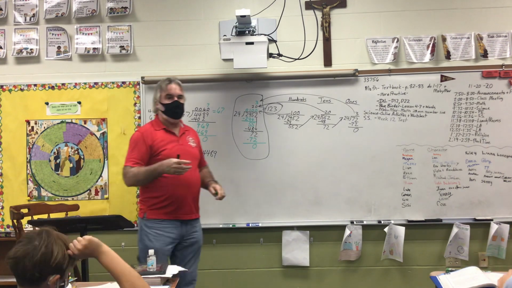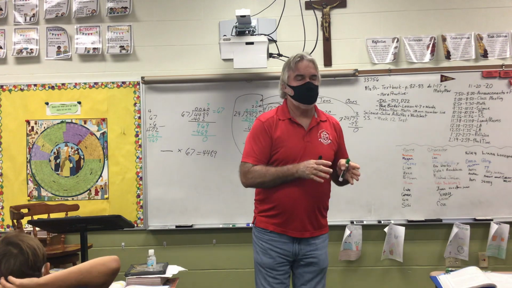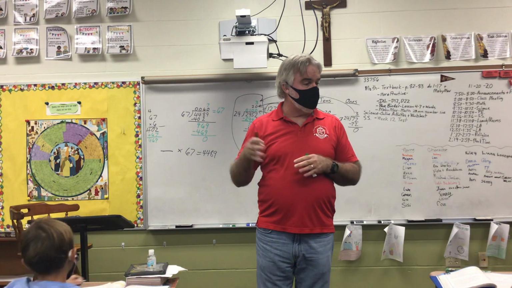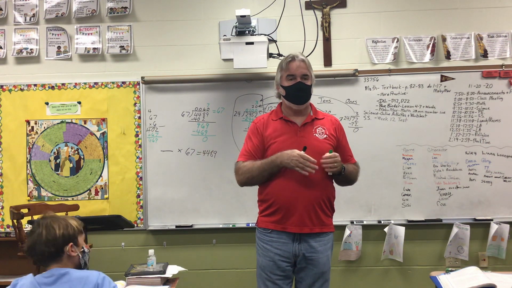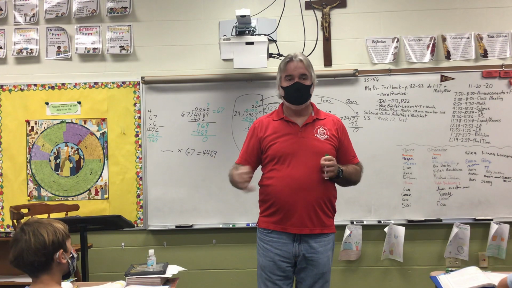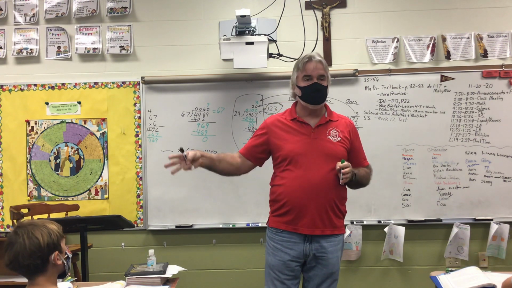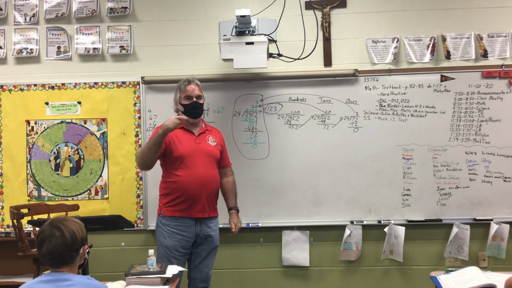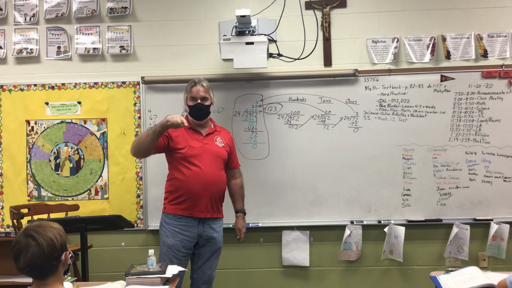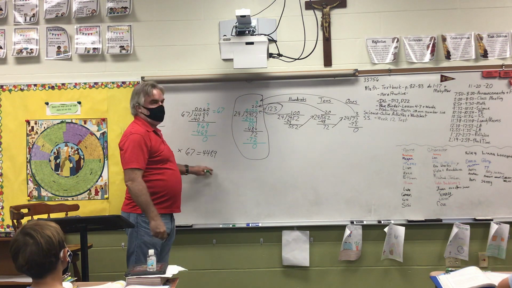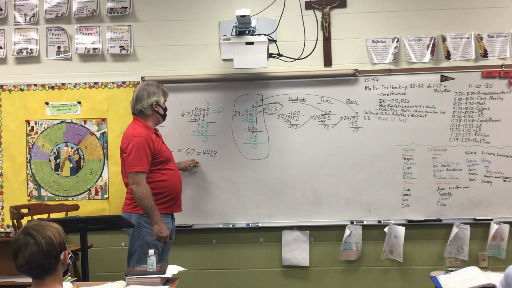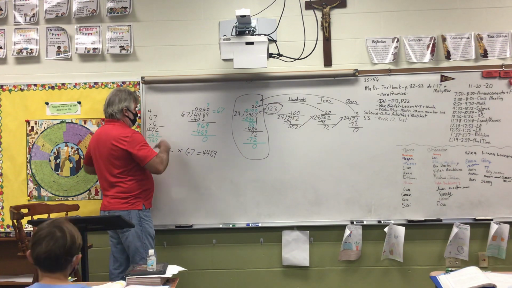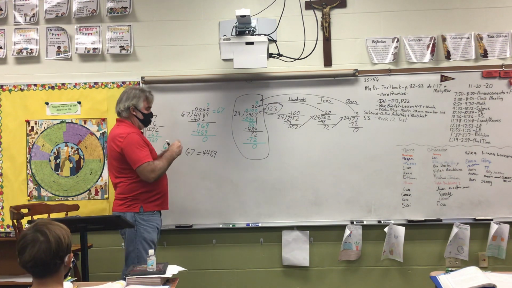Because if you have your fact family, you know that 2 times 3 equals 6. You know that 3 times 2 equals 6. 6 divided by 3 equals 2. And 6 divided by 2 equals 3. Okay? There's different ways to do it. But if you were to take out the 3 in all of those, then you got a blank. You can either divide or you can multiply. Here, this is the multiplication that would go with this. So when you figure out you have 67 up here is your answer, you can go through.